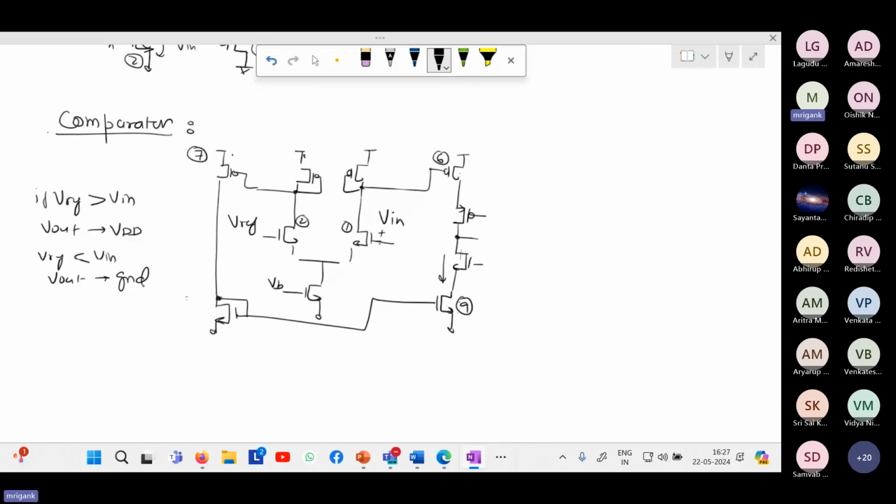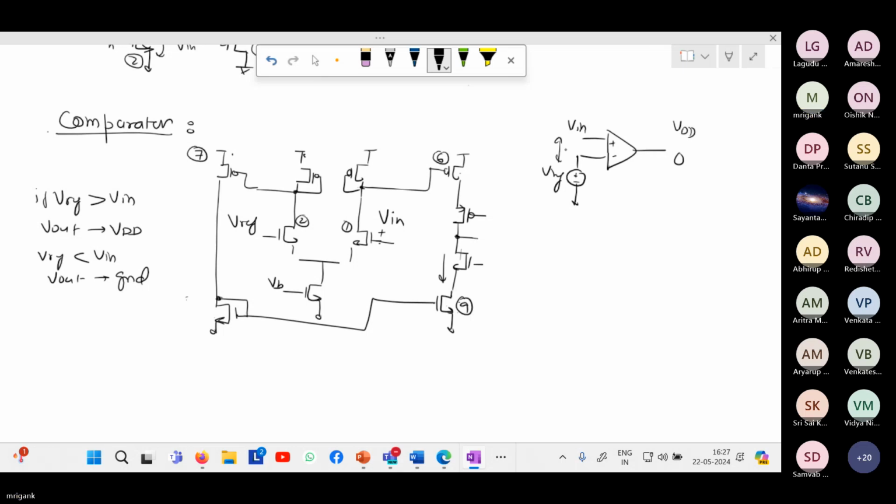Depending upon the difference between the 2 inputs, the output will be either VDD or ground. Because ultimately we are interested in the output decision depending upon Vin and Vref. Here there is no question of amplification. The output will be either 0 or VDD depending upon the relative magnitude of Vin and Vref.